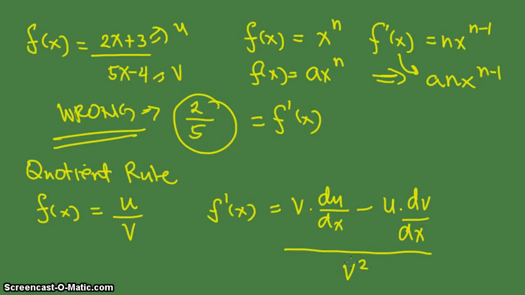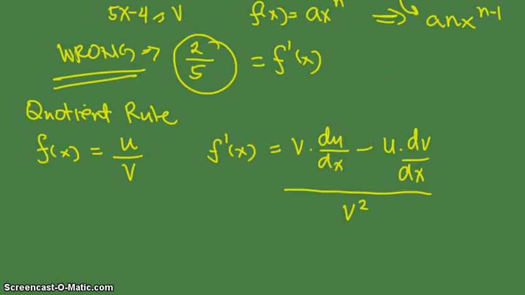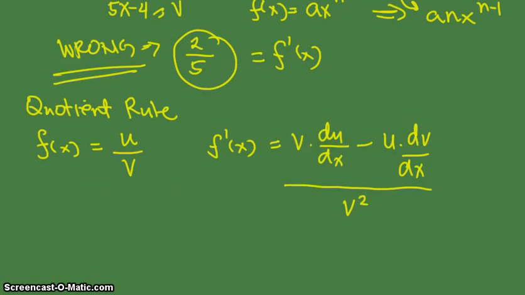Now you might say that's not easy to memorize, or not easy to understand. So let's take the function again so that you can see that this rule is actually very easy to apply. Above we have 2x plus 3, and below 5x minus 4.